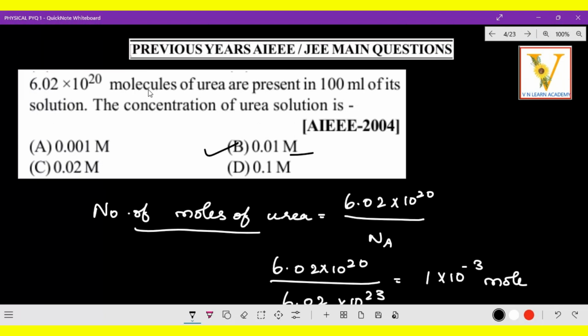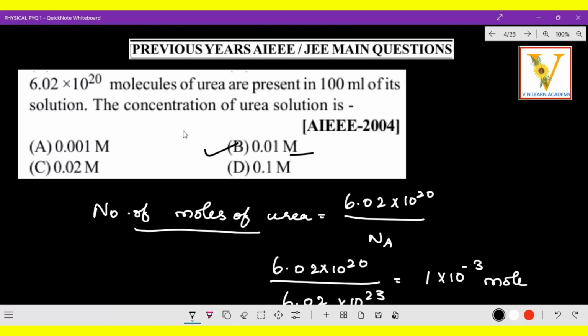Suppose they have given some number of molecules of so and so. Molecules means the same as number of moles only. Number of moles is given mass by molecular mass. Here, if molecules are given, from that we bring the Avogadro number and you get the number of moles of urea.